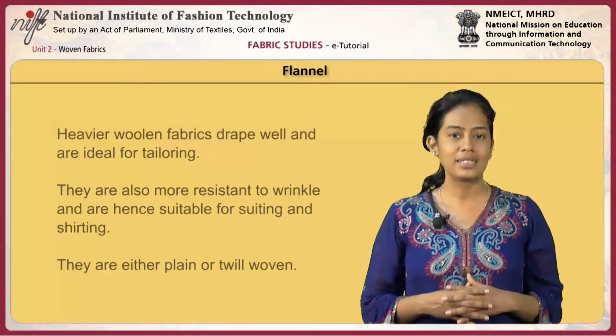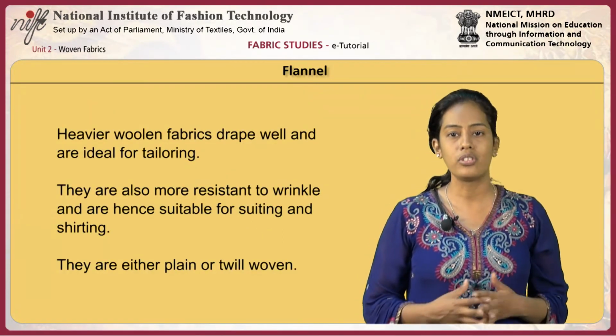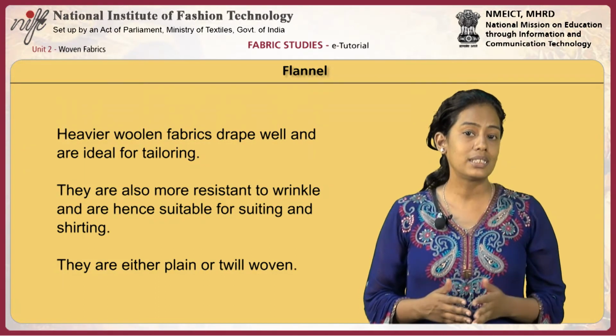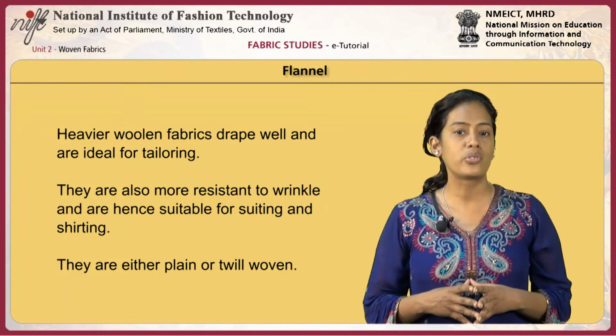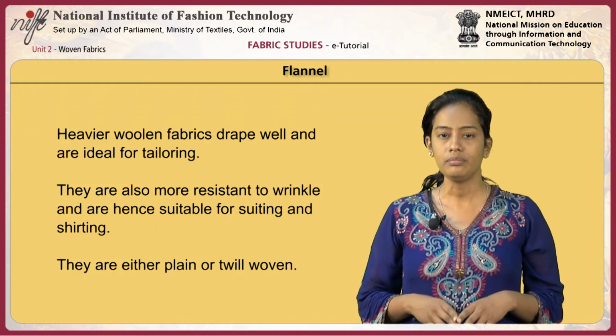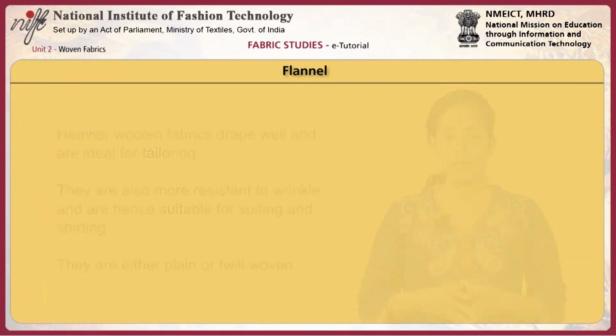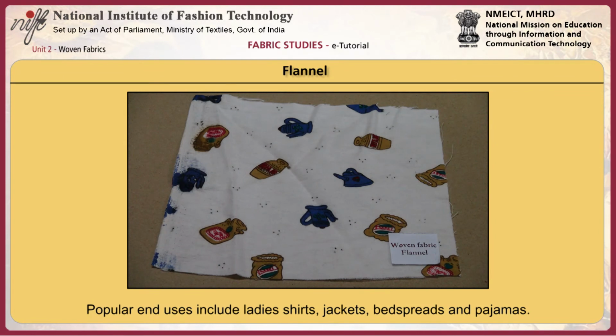Heavier woolen fabrics drape well and are ideal for tailoring. They are also more resistant to wrinkle, hence suitable for suiting and shirting. They are either plain or twill woven. Popular end uses include ladies' shirts, jackets, bedspreads and pajamas. Plaids and tartan weaving patterns are popular.